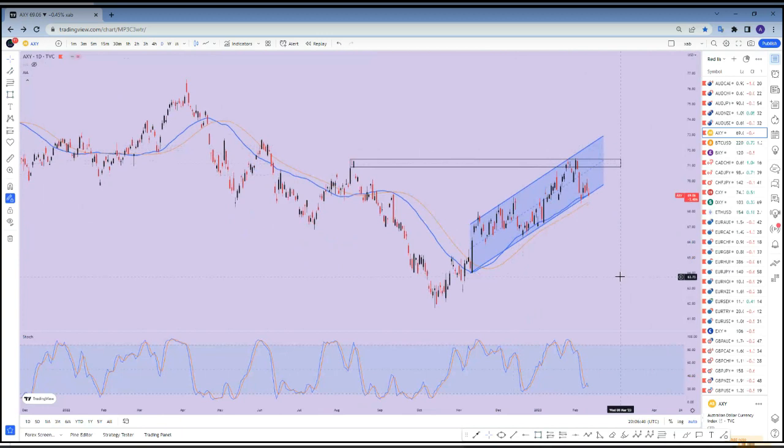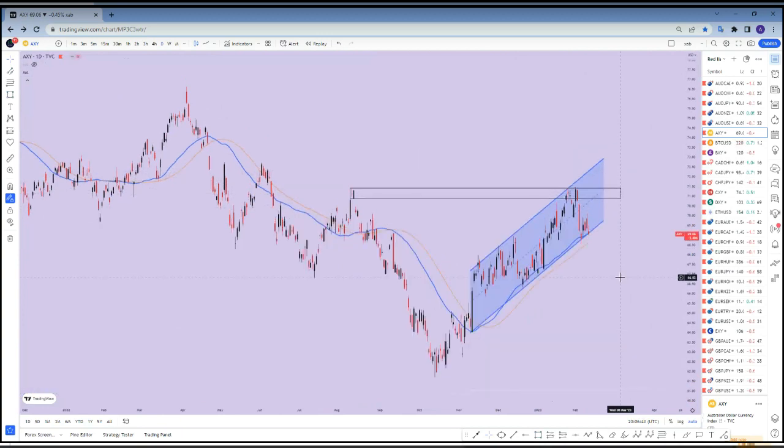So for now, the Australian dollar for me is bullish. It's poised to be bullish. Hold on, please, let me just document this. So AXY, bullish.